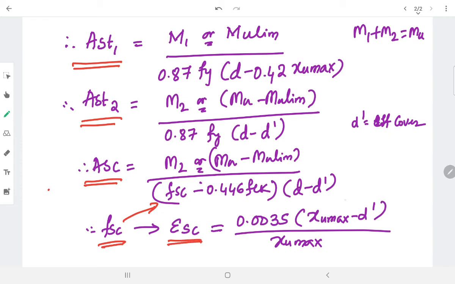You know xu max, which you get from IS 456, and you know d dash is the effective cover. When you calculate epsilon sc using the SP16 chart, you can easily find the value of fsc. So this is all about the equations required for the doubly reinforced beam, or the basics of the doubly reinforced beam.